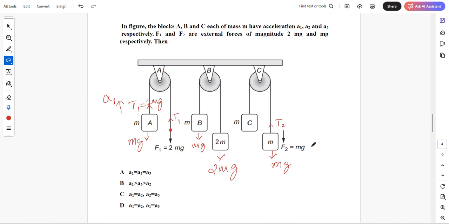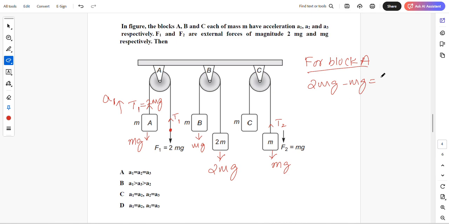The system will be accelerating. Let me call this as A1. The system will be accelerating upwards. Now I will use Newton's laws of motion for block A. The driving force is 2mg, the opposing force is minus mg, equal to mass into acceleration.